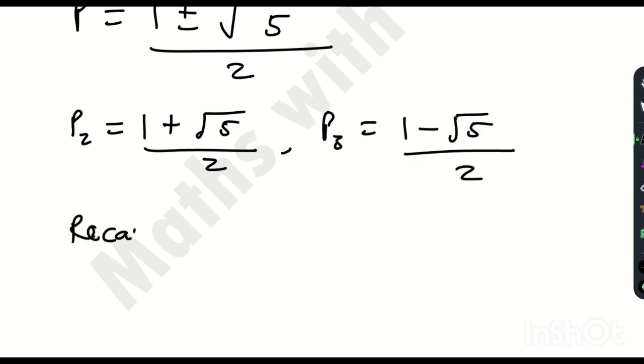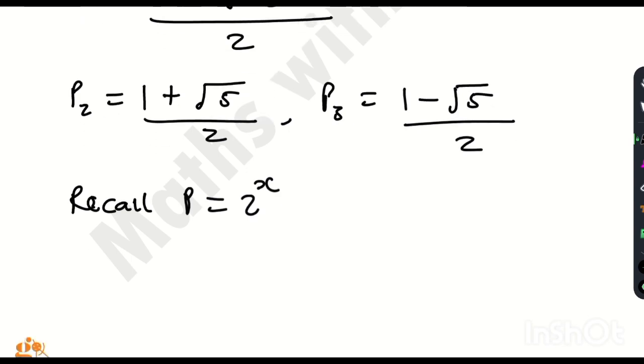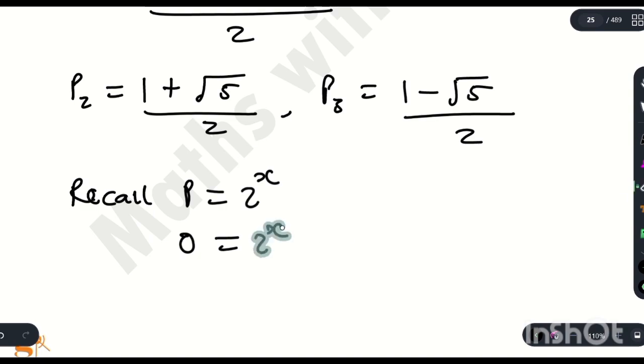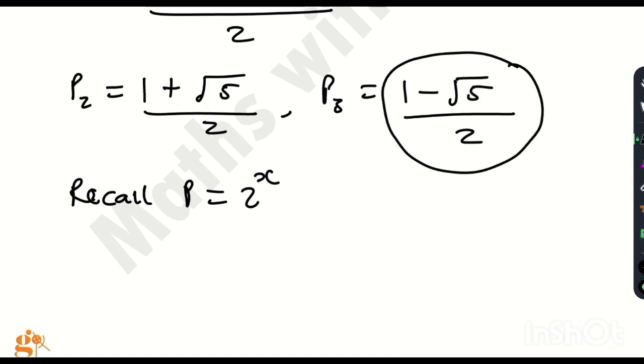Recall that p is equal to 2 raised to x. Remember we said let p be equal to 2 raised to x. Now, if we want to get the value of x, we need to use the respective values of p. We cannot use 0 here, so we have to take this off. When p is 0, that will not work. And this one that is giving us a negative value cannot be used either.